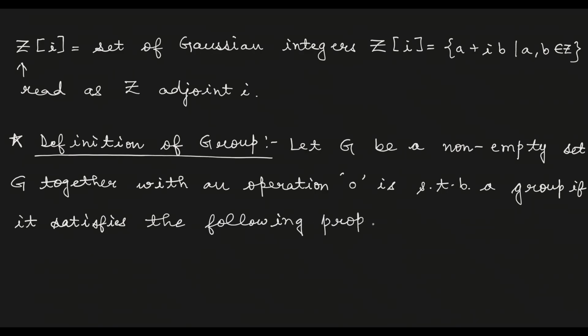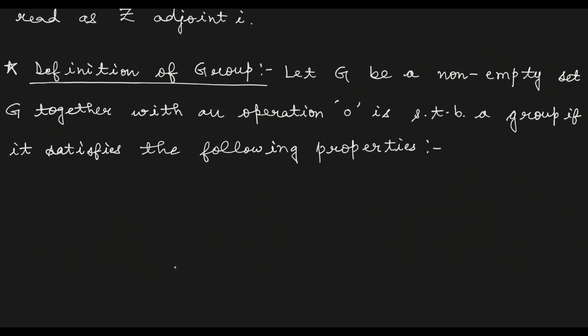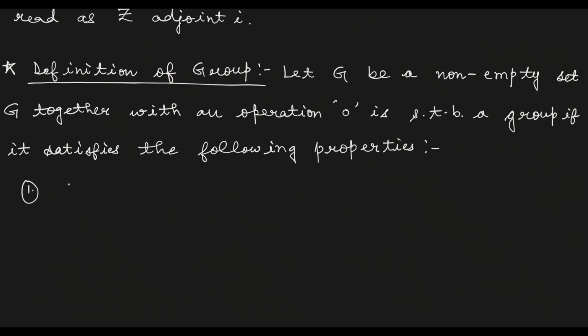Now the properties which I am telling, try to remember them in a sequence, otherwise if you mix up the order, then it will get confusing. First property is closure property.